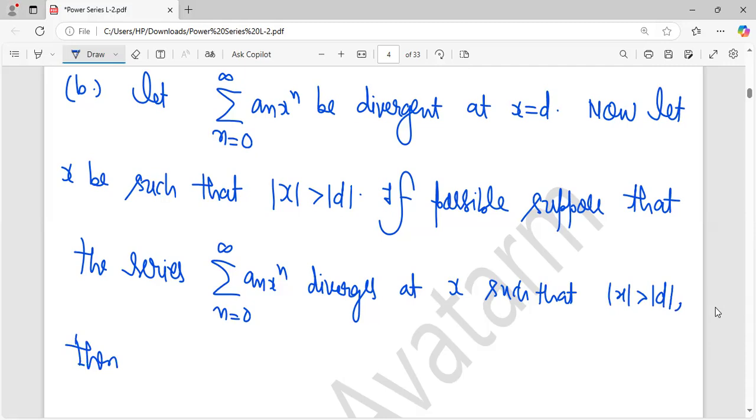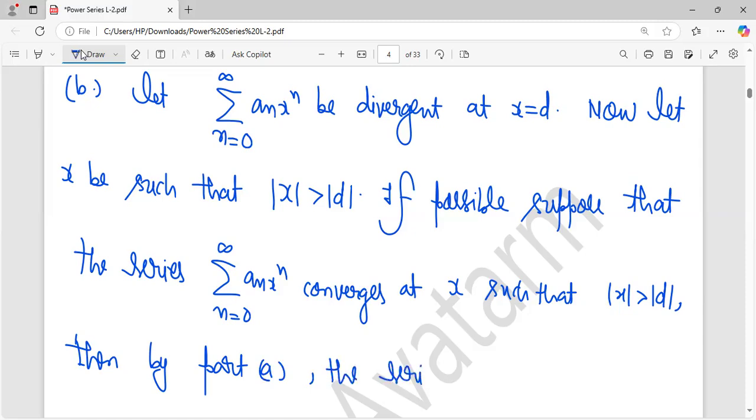Then by part A, if possible, suppose that the series converges at x. Then by part A, the series also converges at x is equal to t.